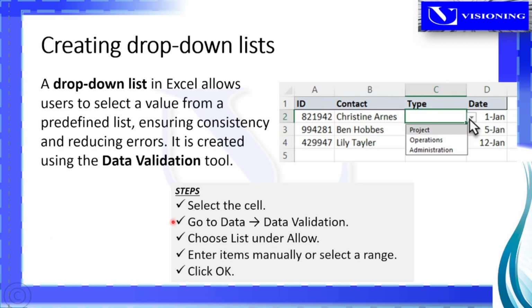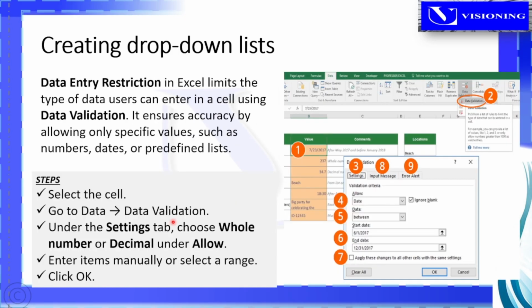So now, after looking at the drop down list and the validation tools, and also ensuring consistency and reducing errors, we will now move to the data. I think we've looked at this also.